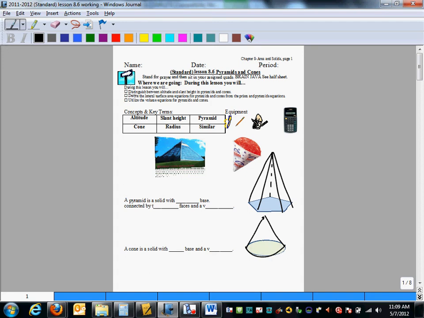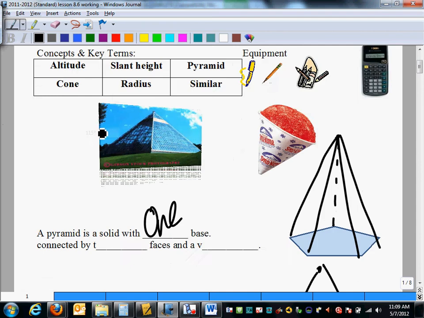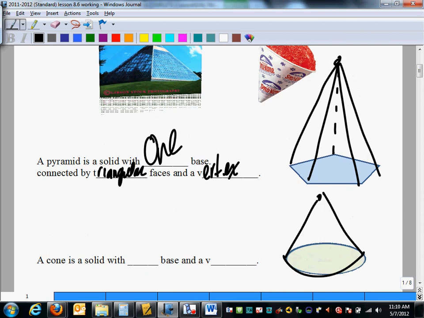The difference with a pyramid and a cone is it only has 1 base, and it's connected by triangular faces, and it has a vertex. A cone also only has 1 base and a vertex.